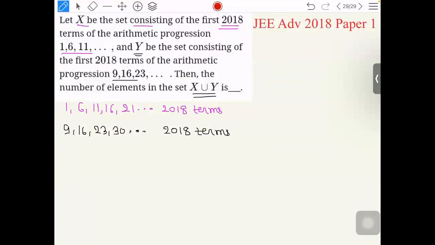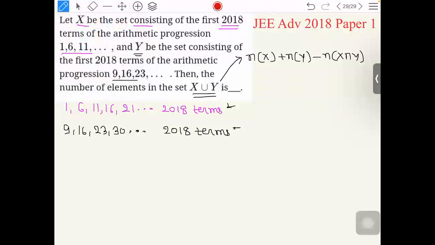So the number of elements in X union Y is equal to the number of elements in set X, which is 2018, plus the number of elements in set Y, which is also 2018, minus the number of elements in X intersection Y. Means elements which lie in this series as well as in this series.